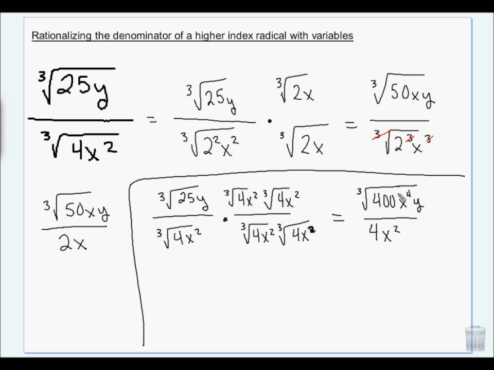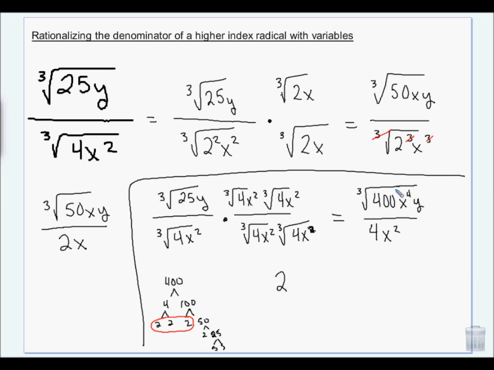And now 400 I would have to take out. So I end up with 25, and that's 5 times 5, and my set of 3's that come out is a 2, right?